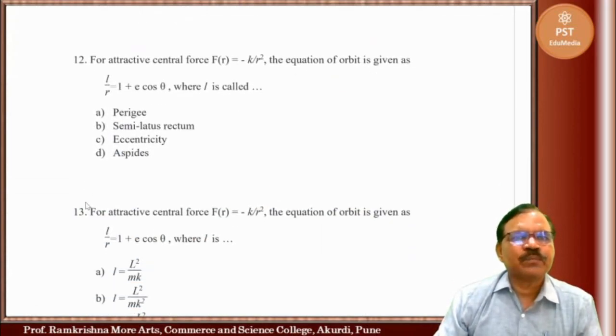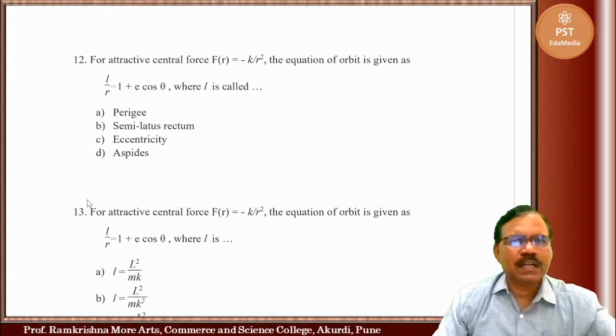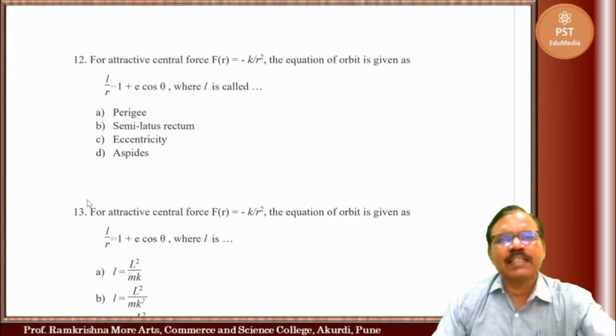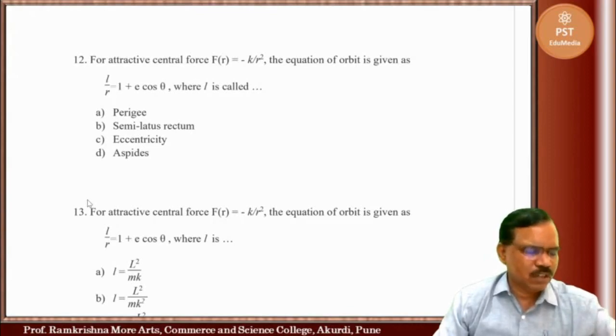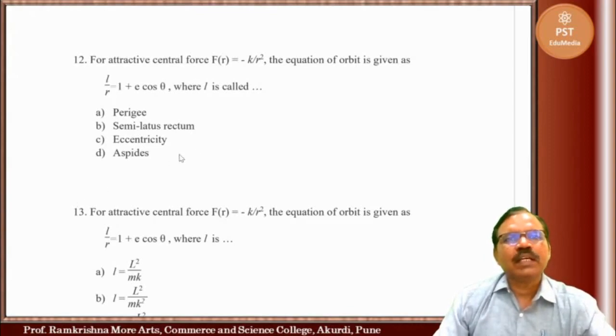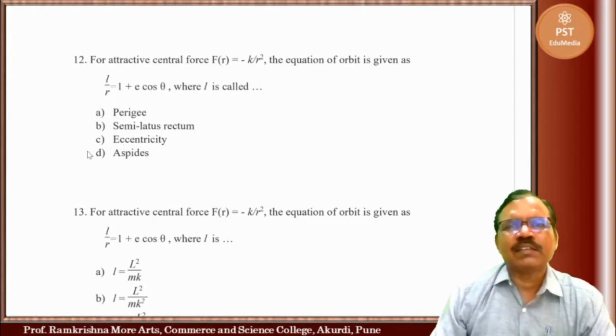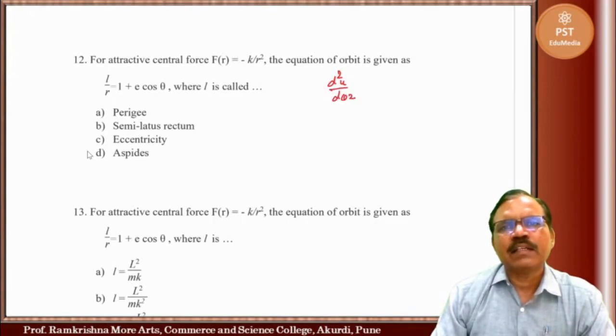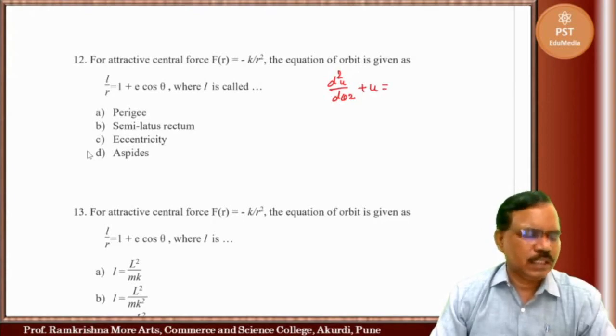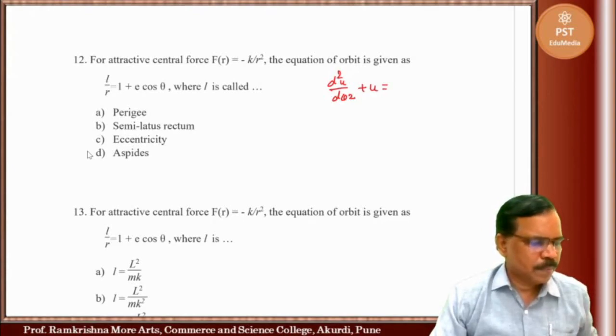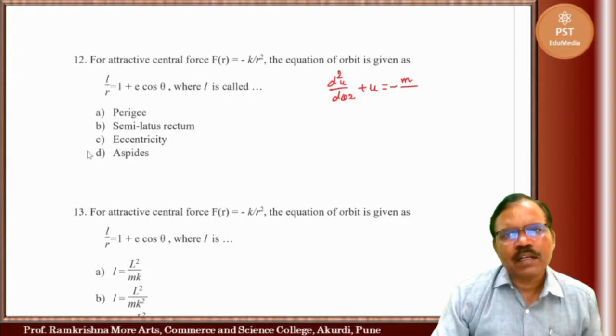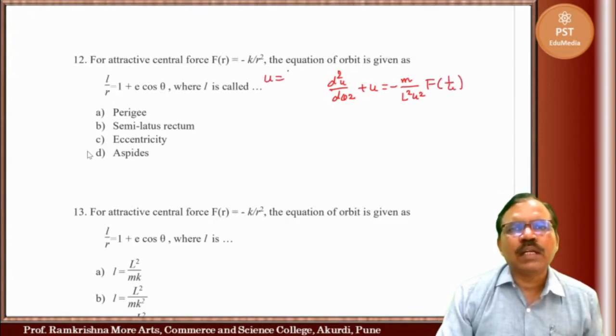Now let us go to this. For attractive central force F of r equal to minus k upon r square, the equation of orbit is: we solve this equation d2u by d theta square plus u is equal to minus m upon L square u square into f of 1 by u. What is u? u is 1 upon r.